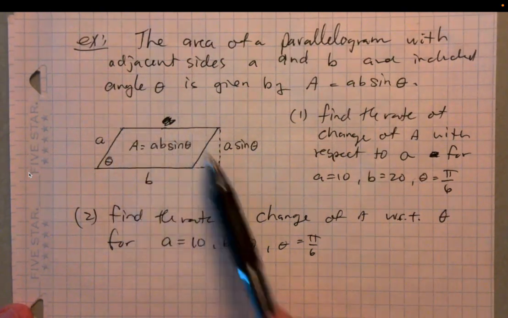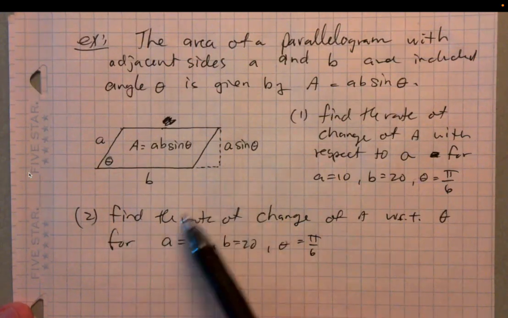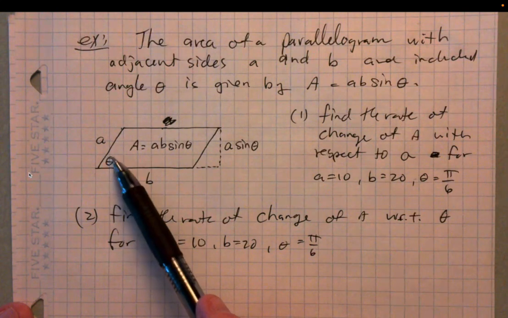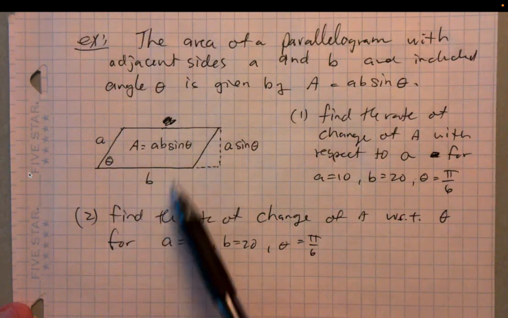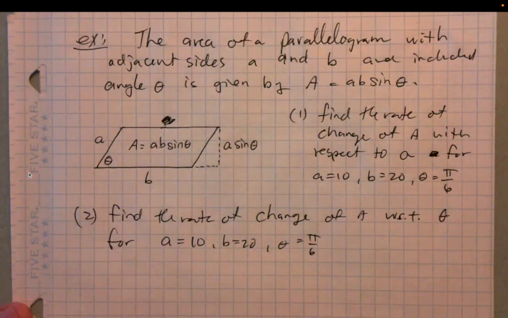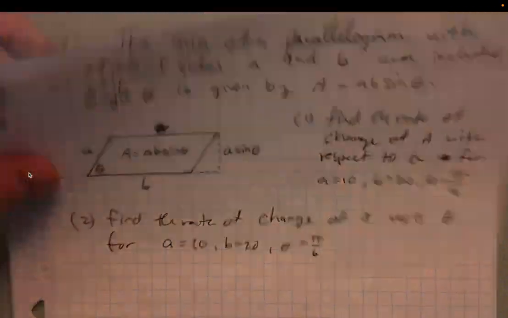What's the rate of change? The second one is similar, except in this case we're changing the angle. How much does the area move as theta changes, with a and b held constant? Okay, so that's the idea.